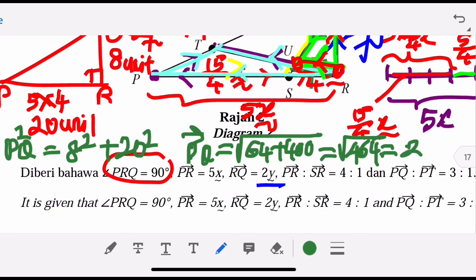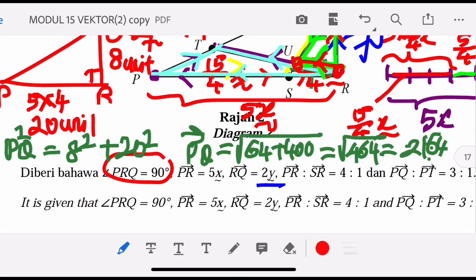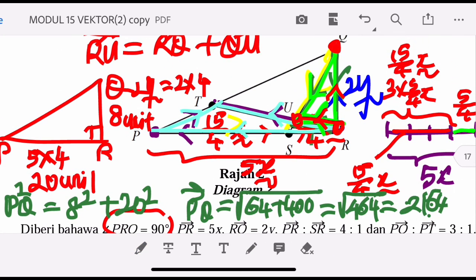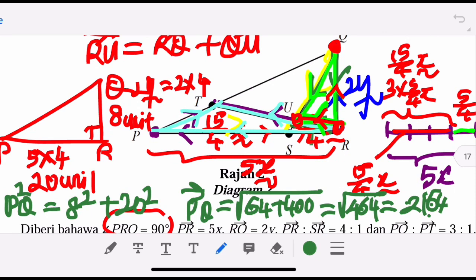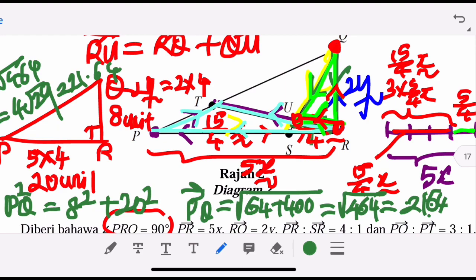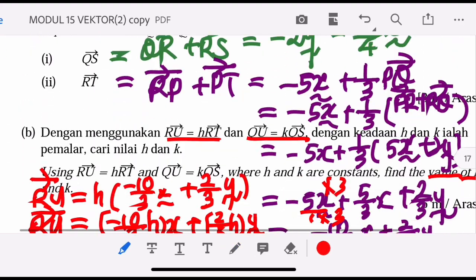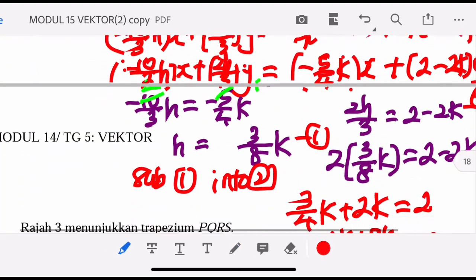So you can press your calculator, in decimal is 21.64, right? So you can give your answer in 4 significant figures. Okay, so you can write the PQ is actually square root 464, or 4 square root 29, or equal to the decimal number.